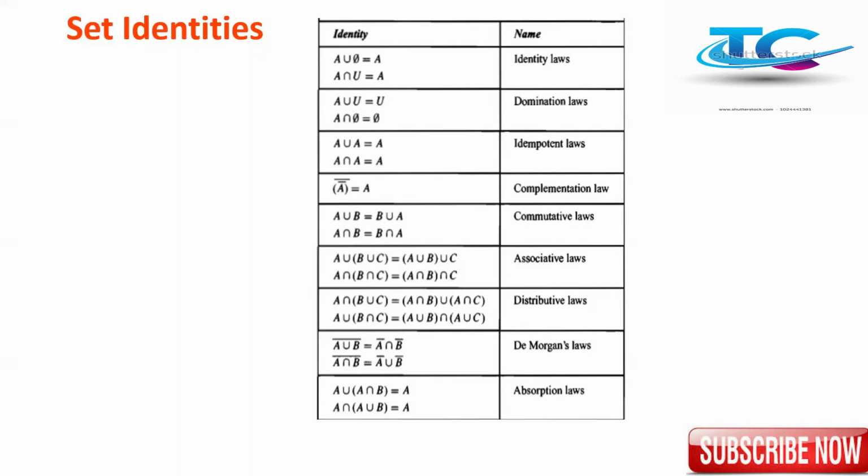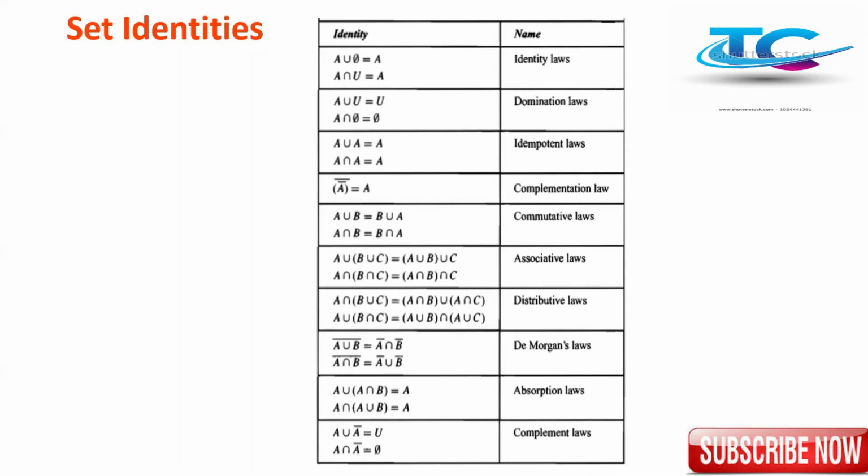So you can verify it by taking one example, like A is equal to some elements you assume, and B is equal to, again take some elements, and then take their intersection and then take union of that intersection with the set A, you'll get the original set back. So you can verify it by taking some values.